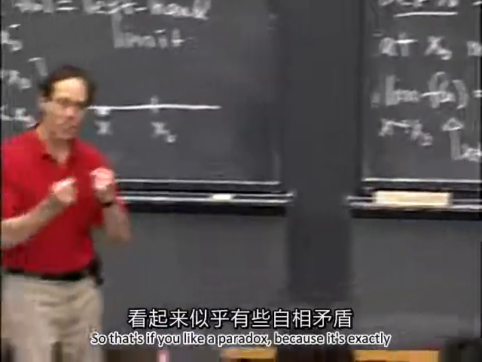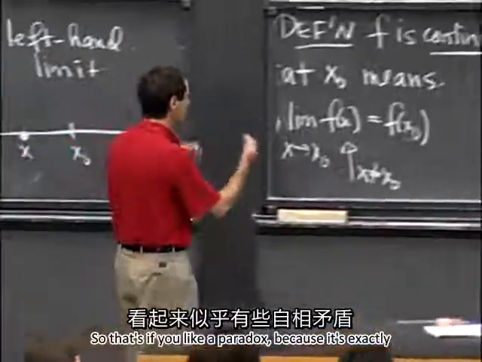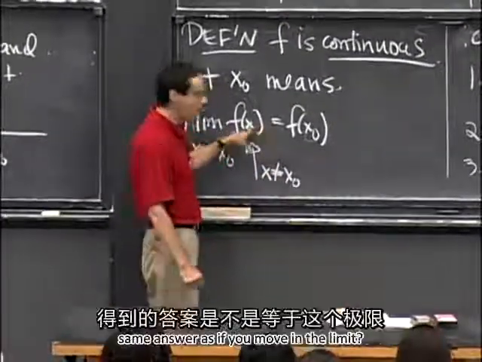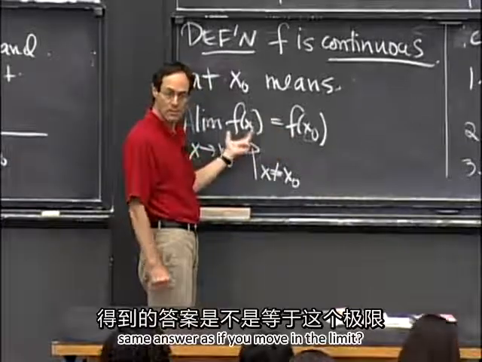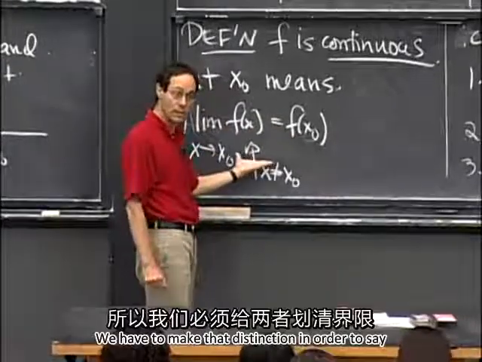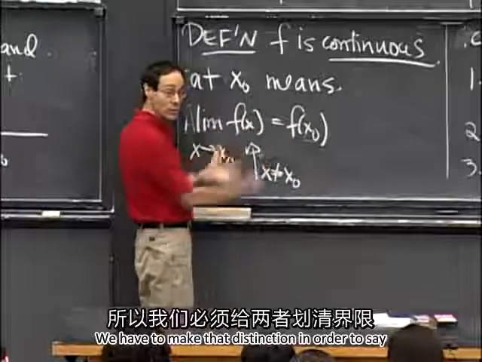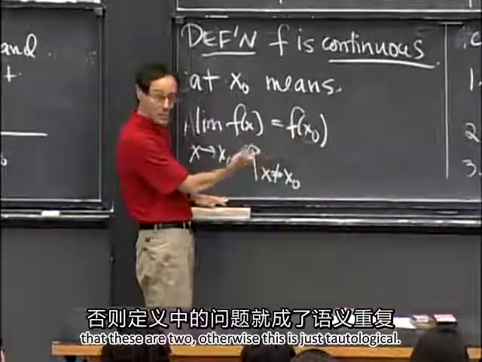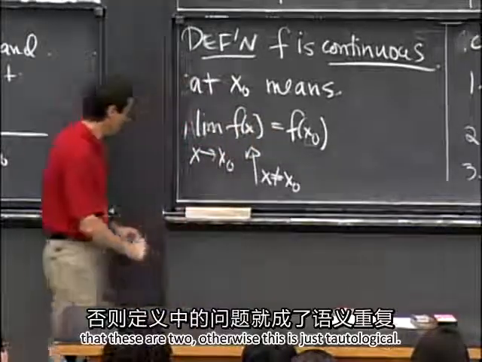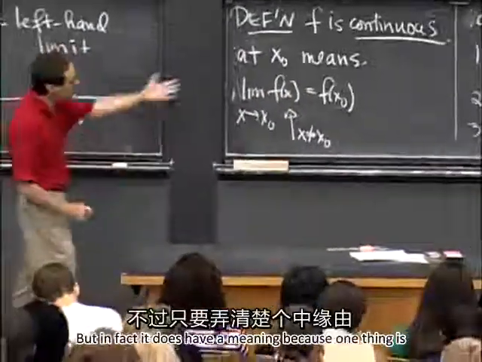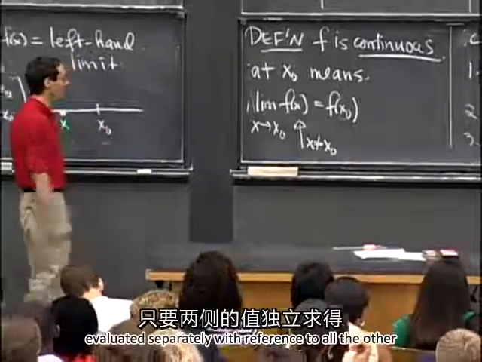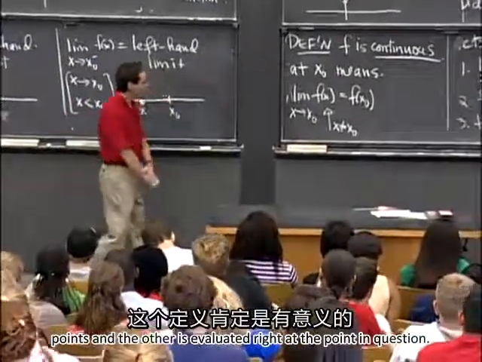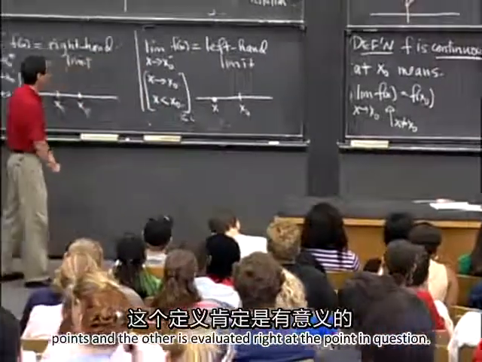So that's, if you like, a paradox, because the question is: is it true that if you plug in x0, you get the same answer as if you move in the limit? That's the issue that we're considering here. We have to make that distinction, otherwise this is just tautological. It doesn't have any meaning. But in fact, it does have a meaning because one thing is evaluated separately with reference to all the other points, and the other is evaluated right at the point in question.